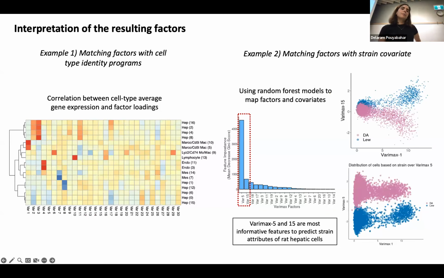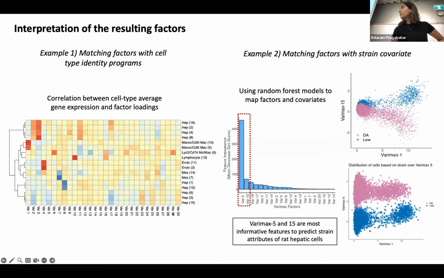Here I'm showing you an example of matching factors and cell types using the loading matrix directly. I said that's also another way that you could do it. This is based on correlation, super simple. Each of these rows represents the average expression of that specific cell type or cluster. There are some hepatocyte populations, lymphocytes, macrophages, and so on.